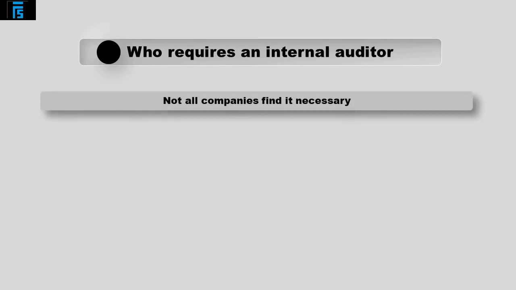Not all companies require an internal auditor. For example, if the company has simple systems, is small in size and only one location, there is very little need to have the internal auditor support the organisation.